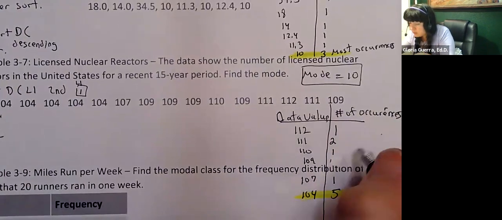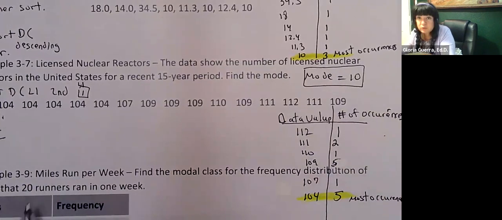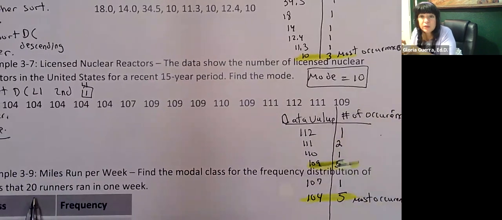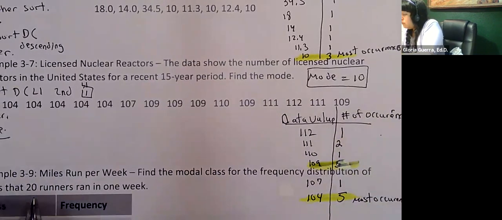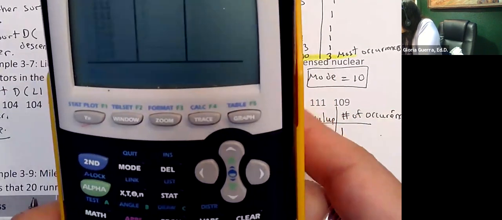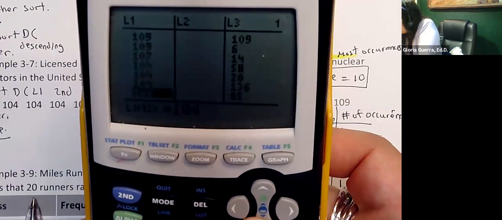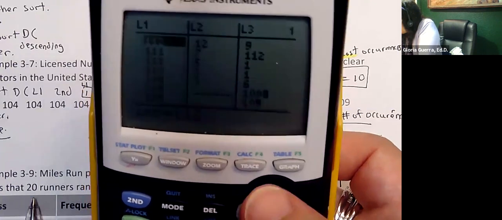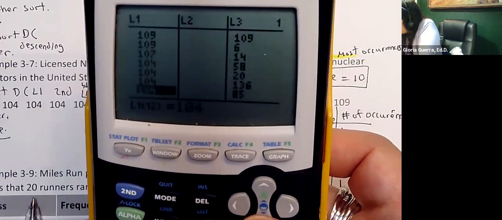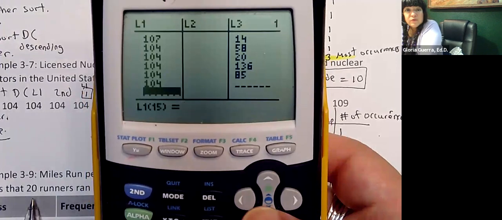So that is a good idea, just so you can count and make sure I had all my data values. Even if I had gone to just Stat, Edit, my list, and scrolled down to the last one, 14, see right here, 14, and see how 15 is empty.